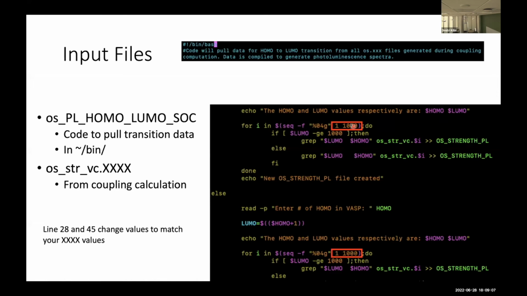Depending on what V script you use, we also have to change this 4 in the %04G to 3, because that's setting it to 4 digits, and I think I'm the only one that uses code that sets it to 4 digits. So what this code does is it generates an oscillator strength file with just the HOMO-LUMO transition along your molecular dynamics trajectory.